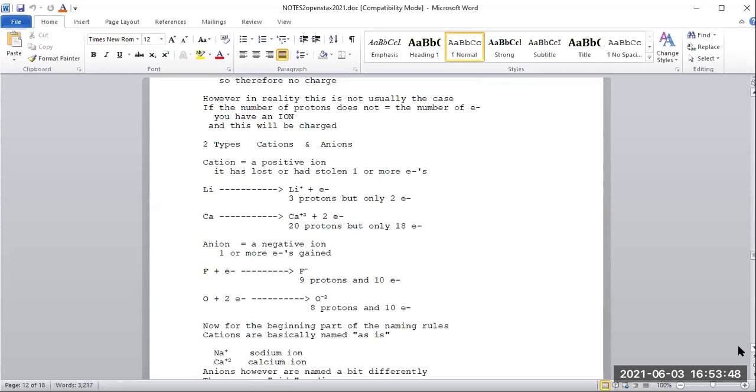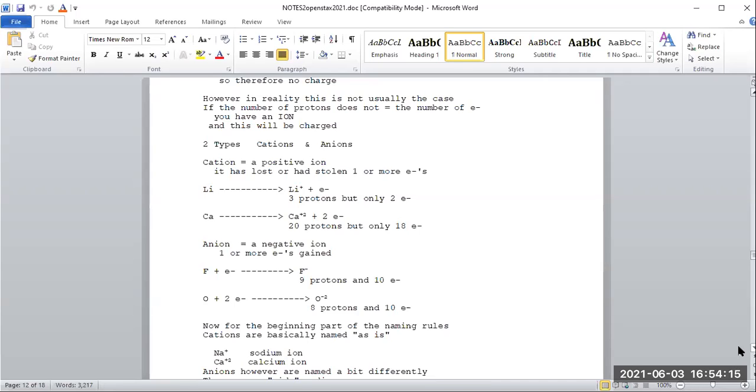If you have a charge, be it positive or negative, they are known as ions. And therefore, you can divide it into two halves. Do not call them cations. Okay, they are known as cations. It is pronounced as if it were two separate words.